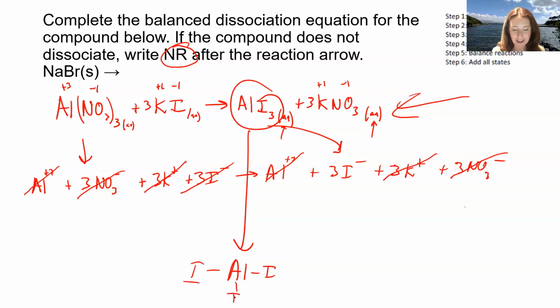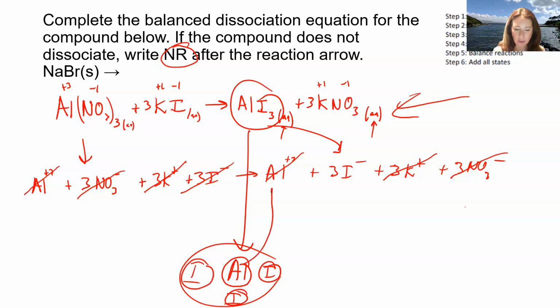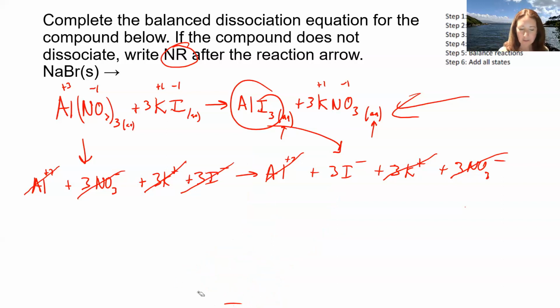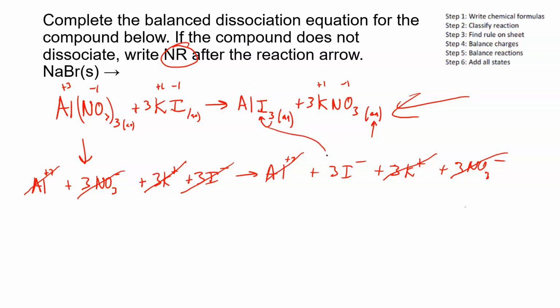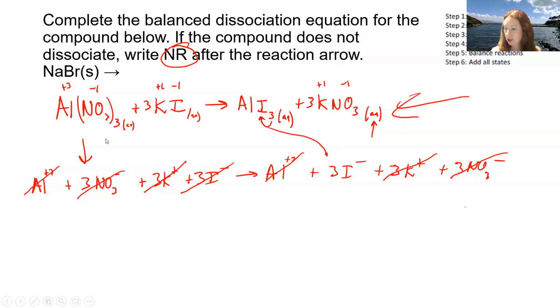It's not actually going to look like this, but for our purposes, I'm going to use that. So when you separate them, you have 1 aluminum and 3 I's. That's where they come from. Does that make sense? When we do bonding, it'll make more sense. But yeah, so these subscripts end up going in the front. Yes. Okay, any other questions?